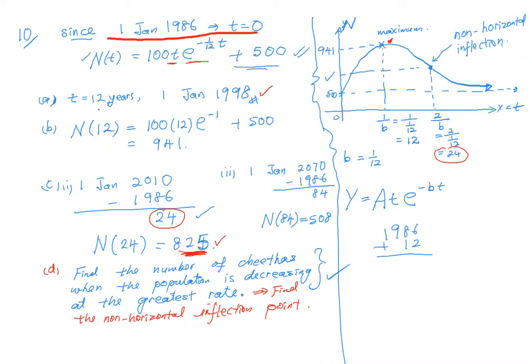So you know a non-horizontal inflection point is either decreasing at the greatest rate or increasing at the greatest rate. So for this one, how does the n prime graph look like? It will pass through this point, it will turn at this point, correct? We have done that before, am I right?